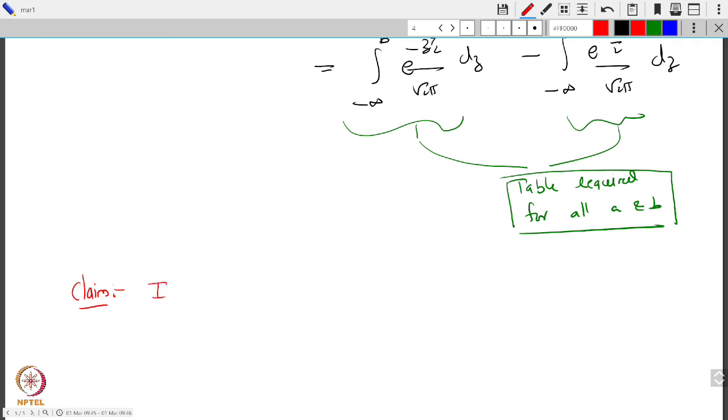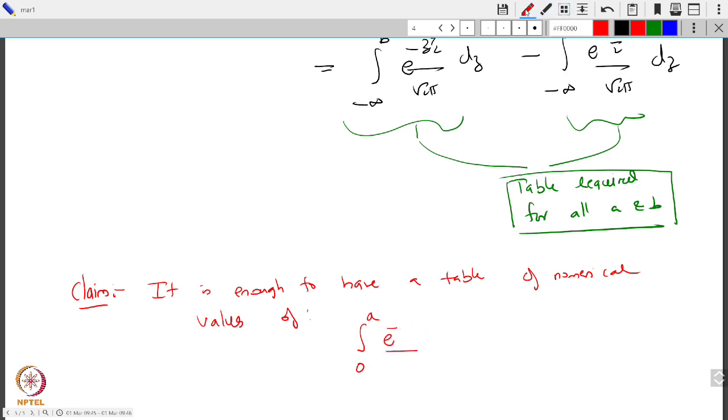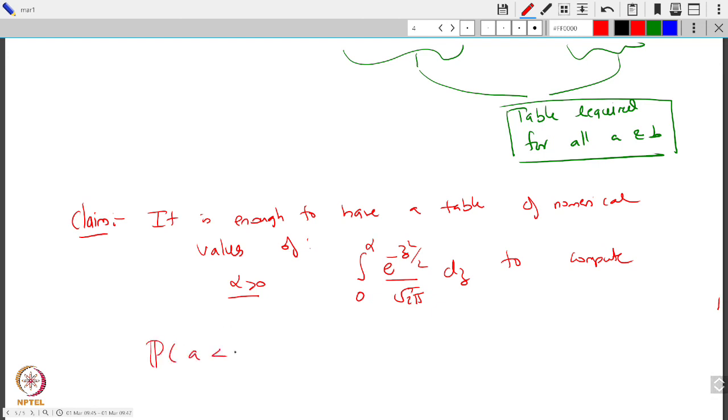It is enough to have a table of numerical values of the integral from 0 to alpha of e to the minus z squared by 2 over square root 2 pi dz, for alpha positive, to compute the probability of A less than Z less than B for any A, B. That's the claim.